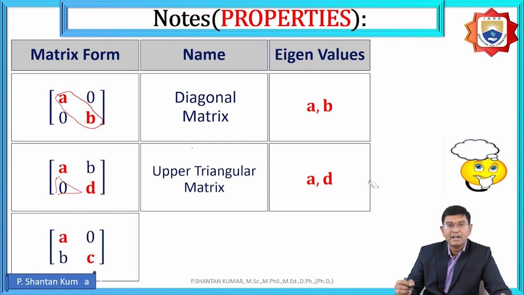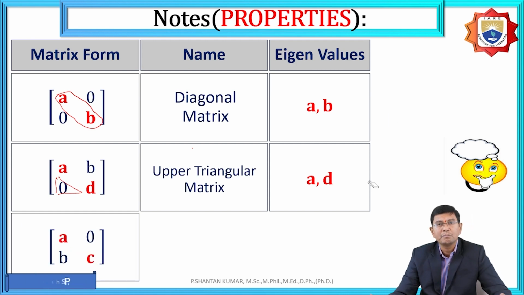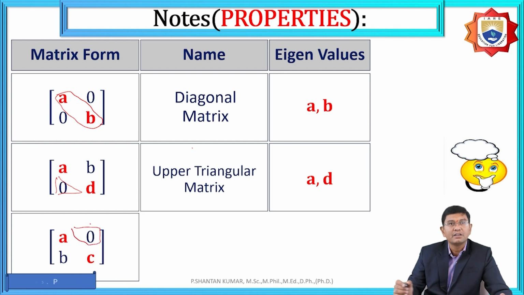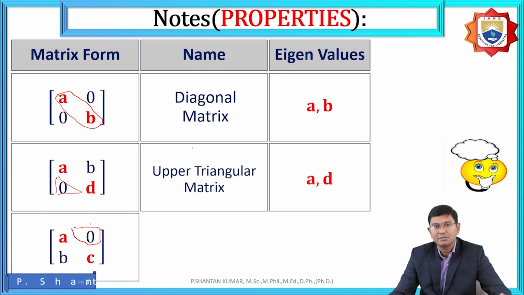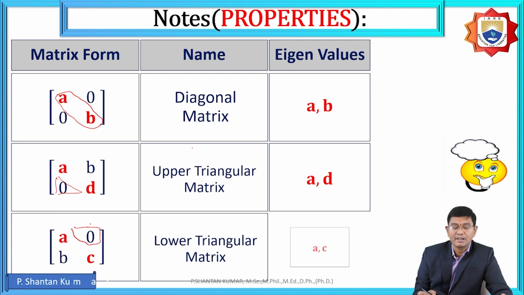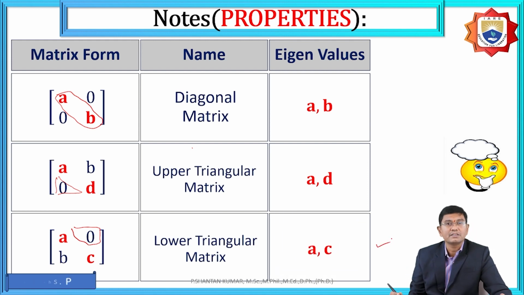Similarly, if the matrix is [a 0; b c], it is a lower triangular matrix, because the elements above the diagonal are 0. As per the property, the diagonal elements are the eigenvalues, here a and c.